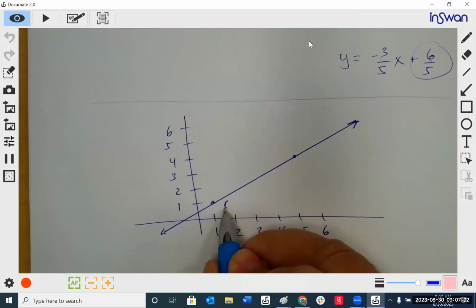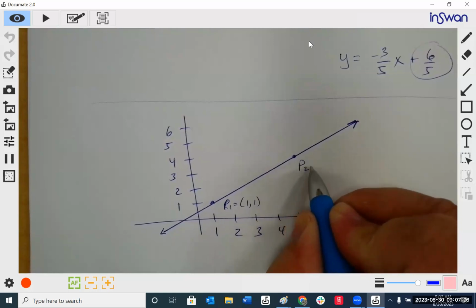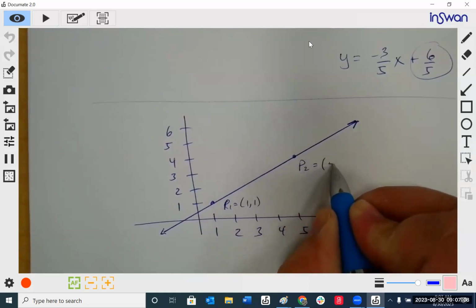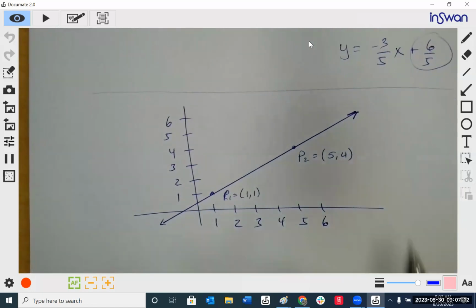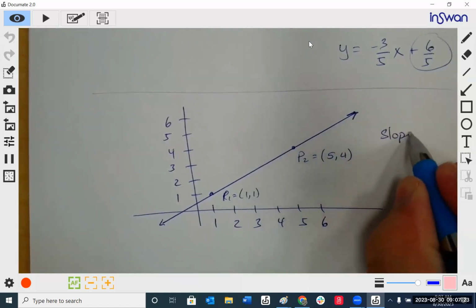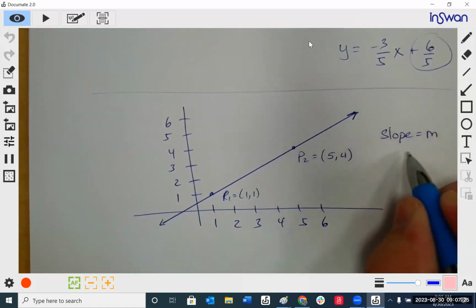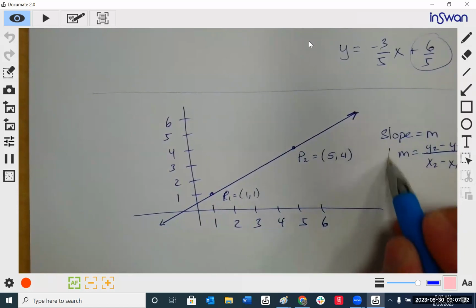So I gave you 2 points earlier. If I gave you 2 points, what can you find with those 2 points? The first thing we found is the slope, which was y2 minus y1 over x2 minus x1.